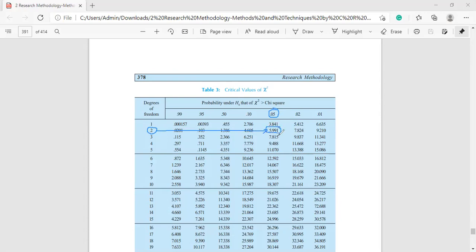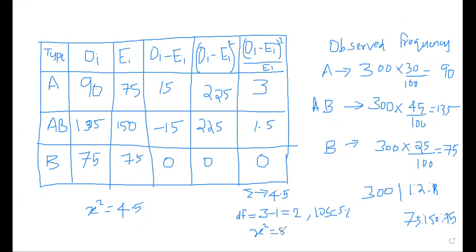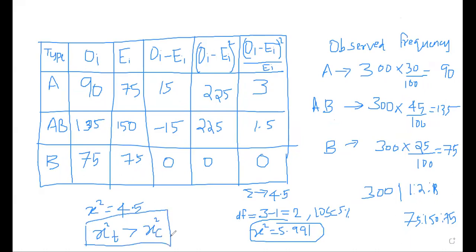So the chi-square table value is greater than the chi-square calculated value. That means you have to accept the hypothesis.